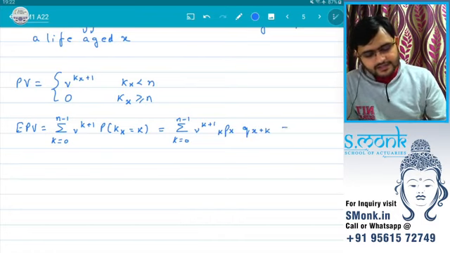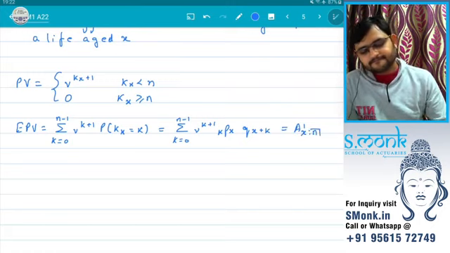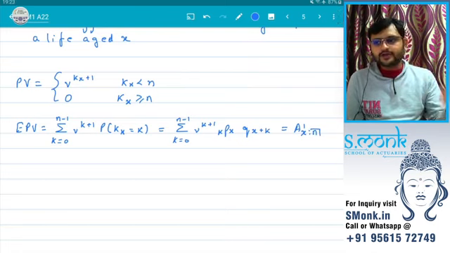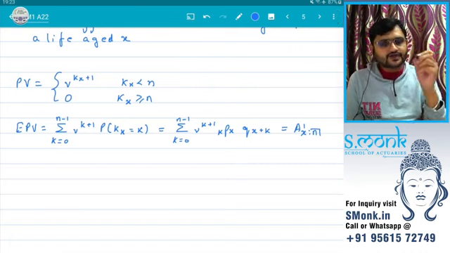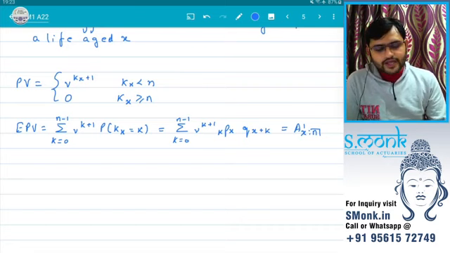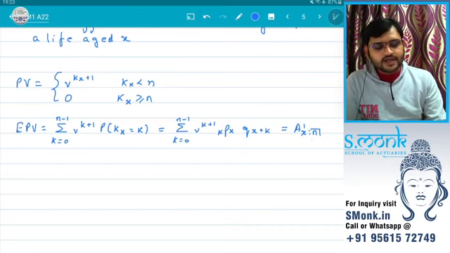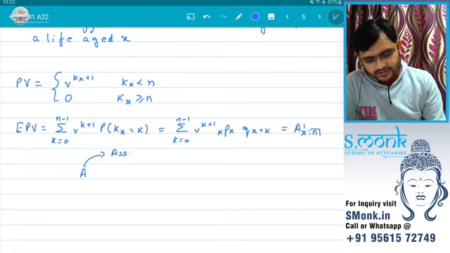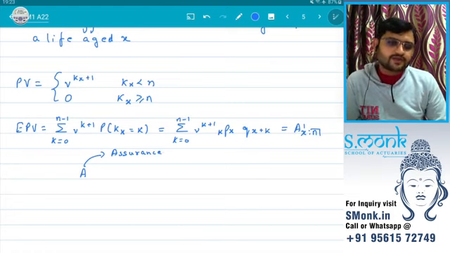We write it as the symbol A with superscript 1, x, n. That 1 is basically what I call a dash; I just have a habit of calling it a dash. You can write it as 1 or just put a dash, it does not matter. So x is age, n is the number of years the policy is going for. A represents assurance, the expected present value of assurance.